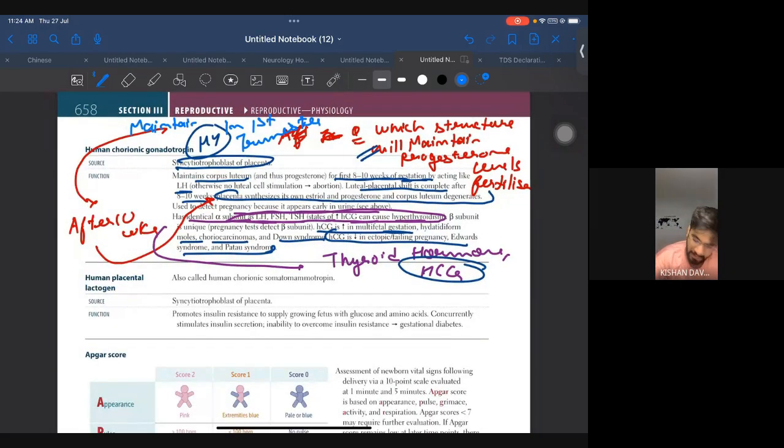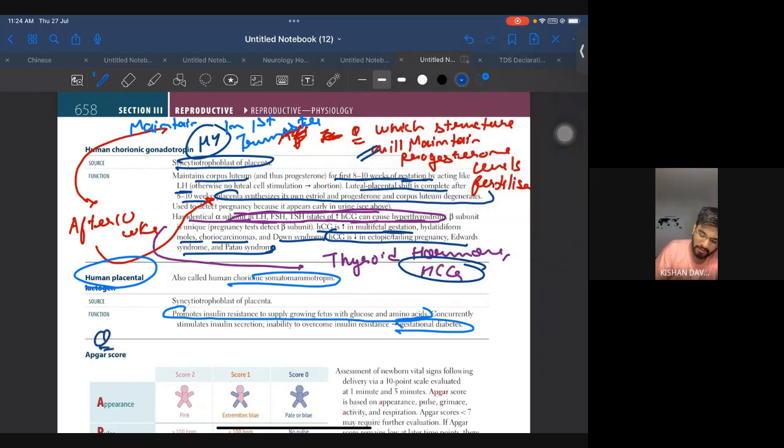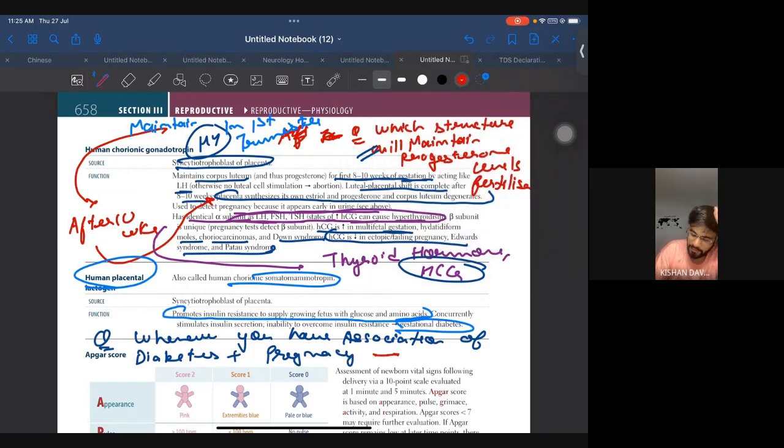Now coming to HPL. Only one line you have to remember about HPL. It is also called human chorionic somatomammotropin. The line is: promotes insulin resistance to supply the fast growing fetus with glucose and amino acids, gestational diabetes. Now one thing in the question, whenever you have association of diabetes plus pregnancy, and if they ask which hormone is responsible, always go for HPL.